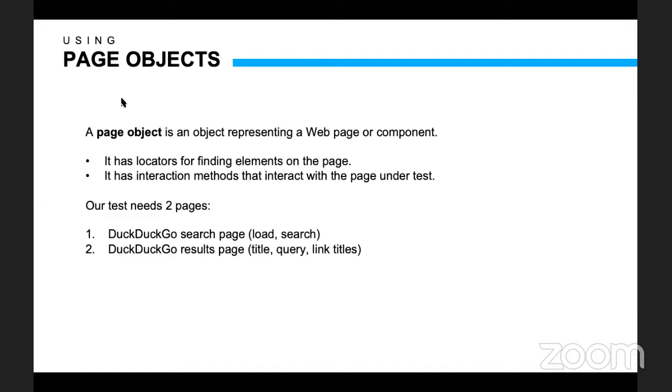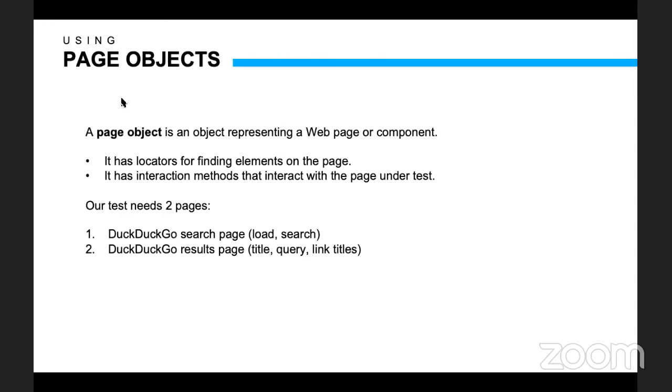So once we have our WebDriver set up, then we can start to use it for making those browser interactions. And the way we want to write and develop our browser interactions is with the page object pattern. Now, a page object is simply an object representing a web page or a web page component. And there are two primary parts to page objects.